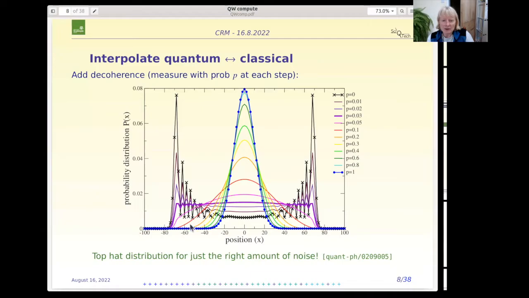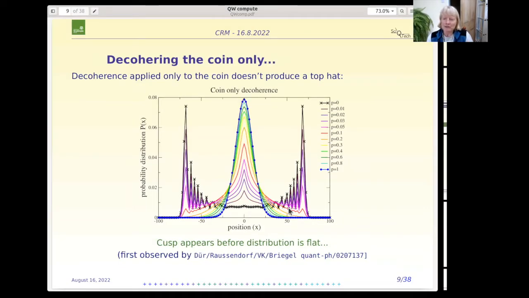So the fact it's actually a neat top hat is not so important, but it's helpful because we don't have to do a complicated deconvolution to take the Airy function out of it. That it's a non-trivial result in some sense, you find out if you only measure the coin at each step, you don't mess with where it is in position. So you only measure part of the state, not the whole state.